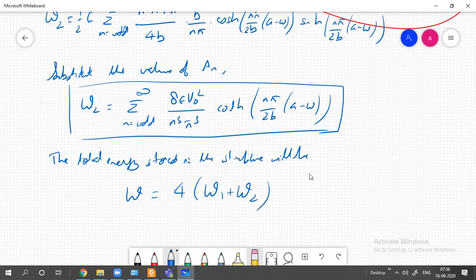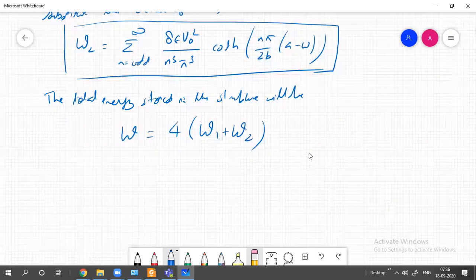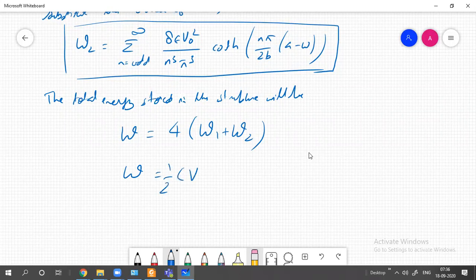We know that W equals half C V naught squared, because this is the voltage we have given.